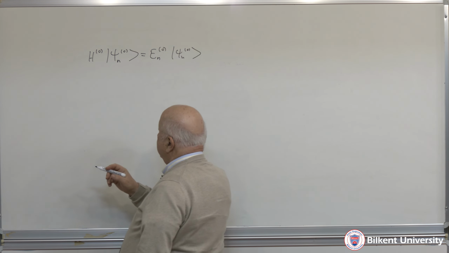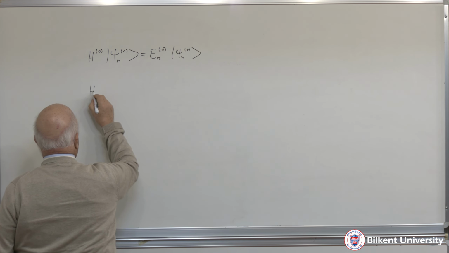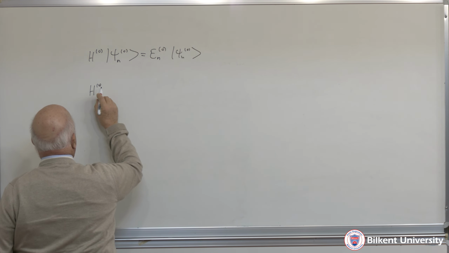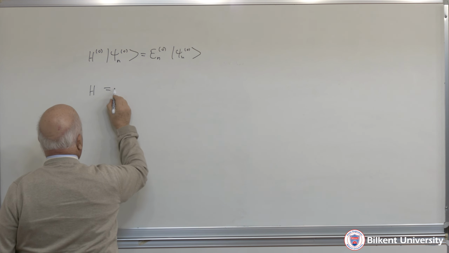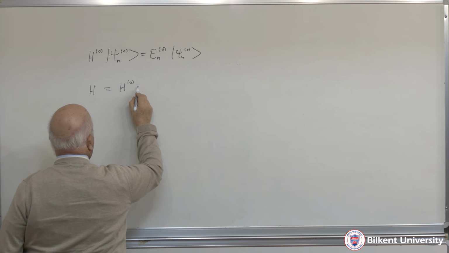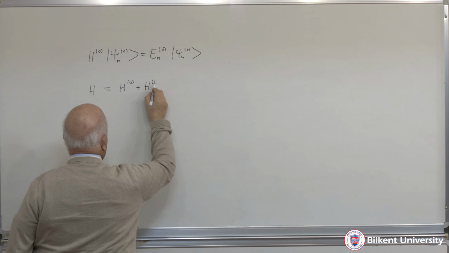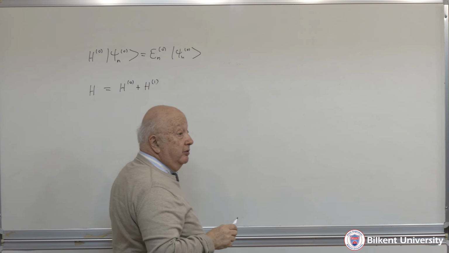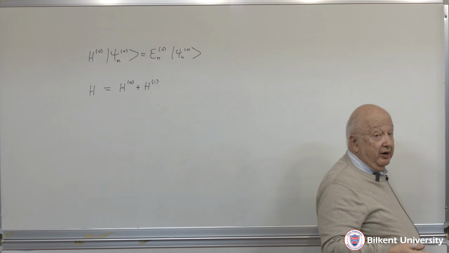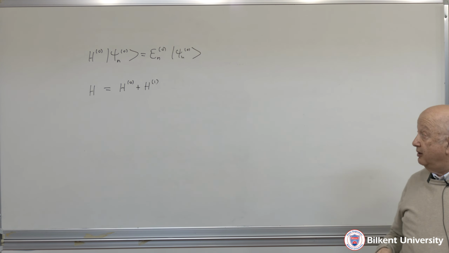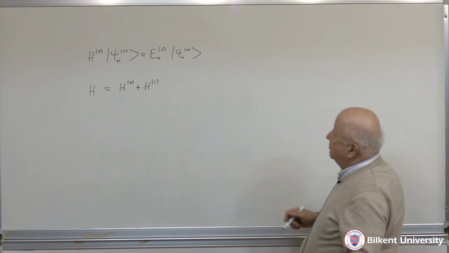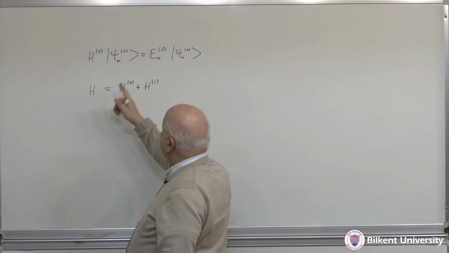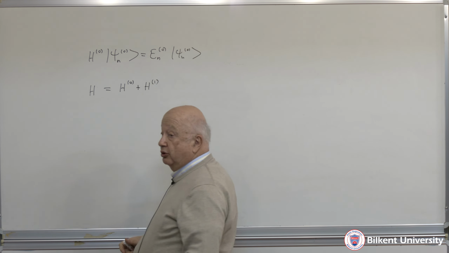Now, the problem that we are faced with is that this H now becomes equal to this original H0 plus some H1, and then, of course, it's an eigenvalue equation, and things can get quite complicated, and we do not know what happens. But we can construct a systematic expansion of the solution.